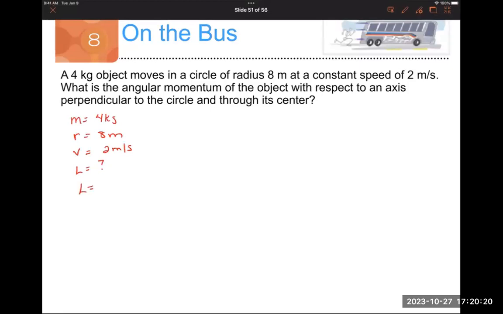So L simply is mvr. We're given our mass to be 4 kilograms, our speed to be 2 meters per second, and our radius to be 8 meters. So L simply equals 64 kilogram meters squared per second. That would be our angular momentum.